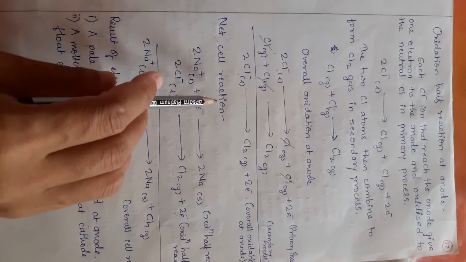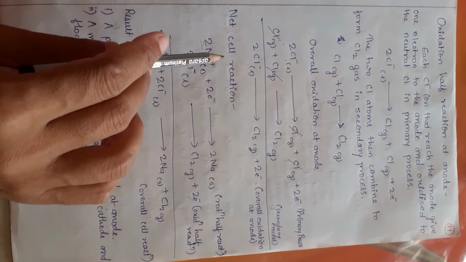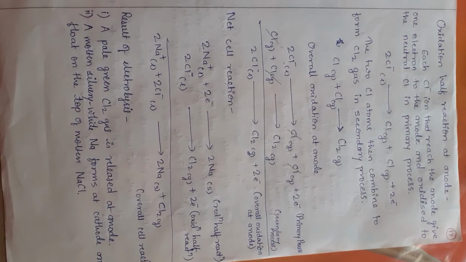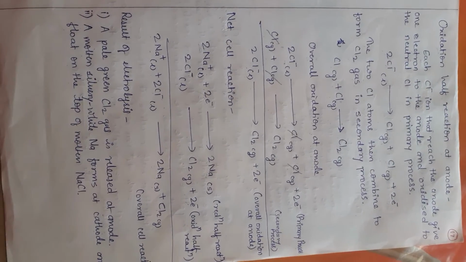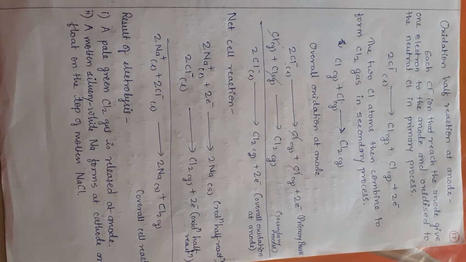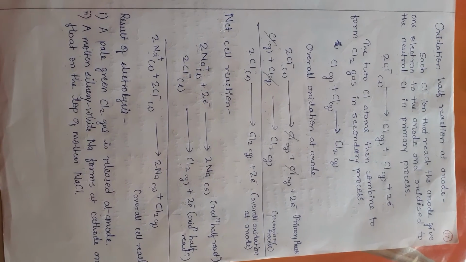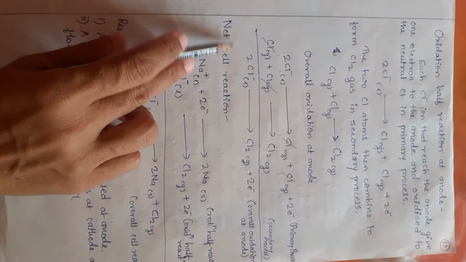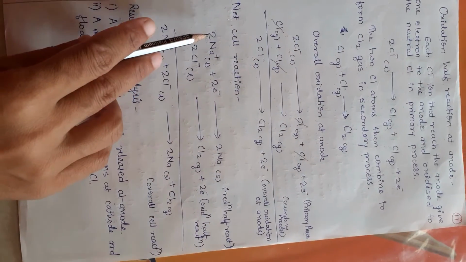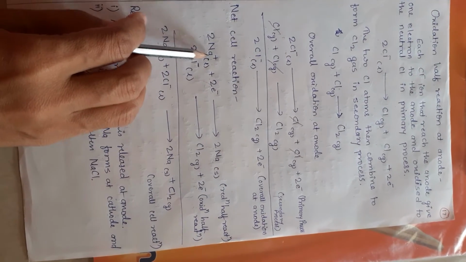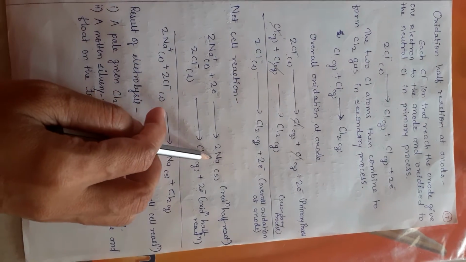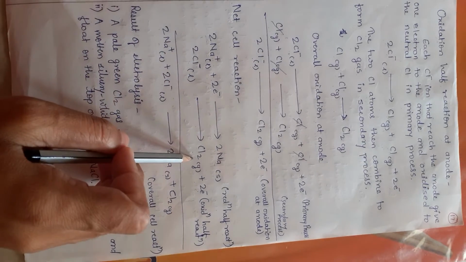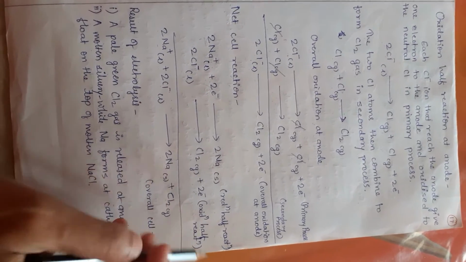Next is the net cell reaction, the overall cell reaction, which is the sum of the reduction half reaction at the cathode and the oxidation half reaction at the anode. Twice Na positive plus twice electron gives twice Na solid; this is the reduction half reaction. Twice Cl negative gives Cl2 gas plus 2 electrons; this is the oxidation half reaction.